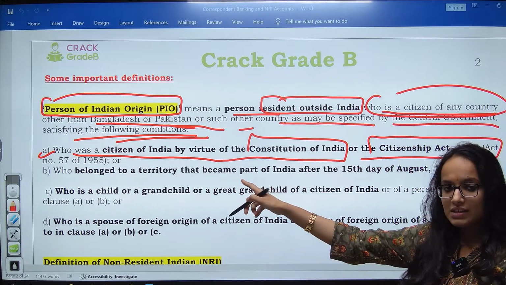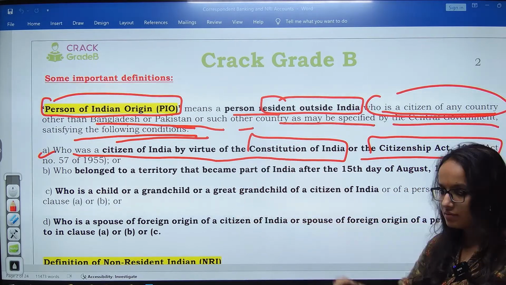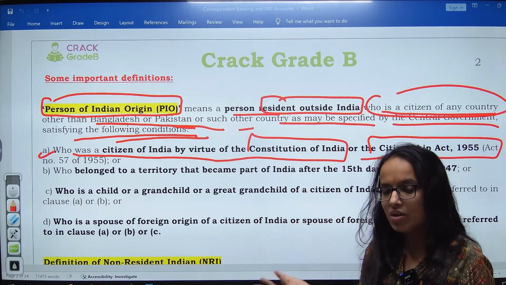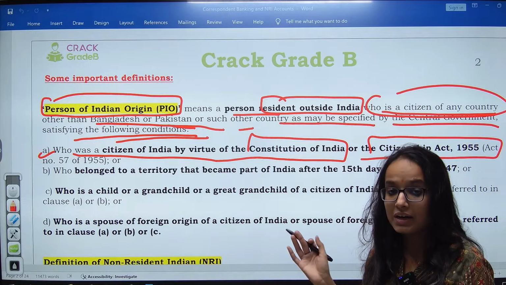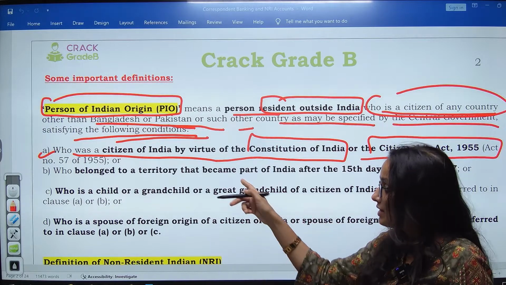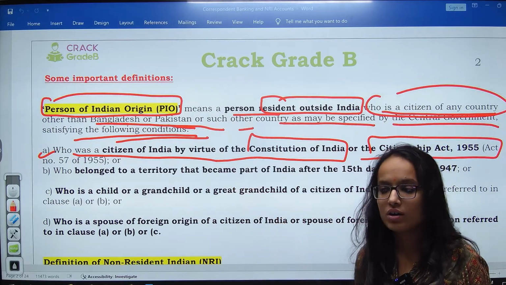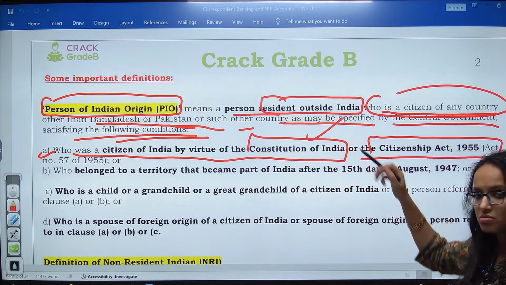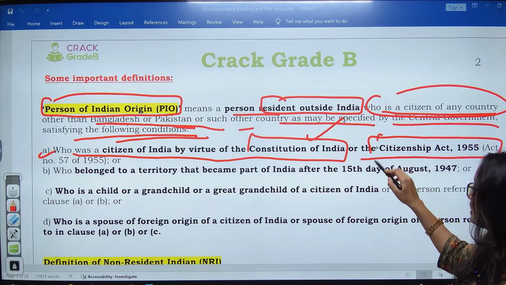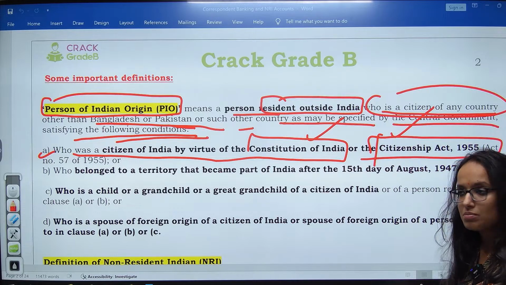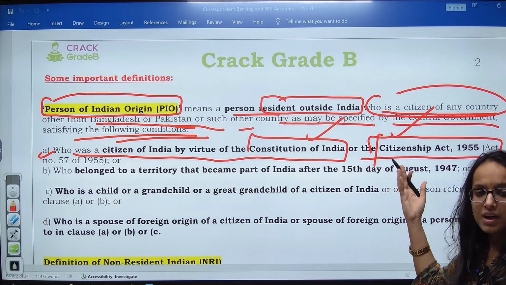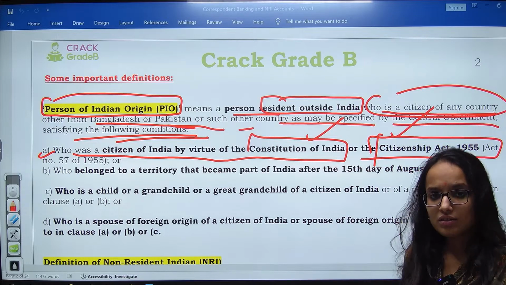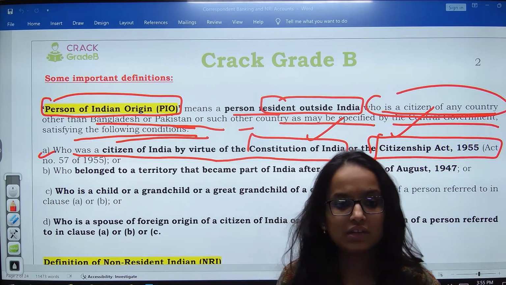So the first criterion is that the person was a citizen of India, either by virtue of the Constitution of India or by the sections mentioned in the Citizenship Act 1955.